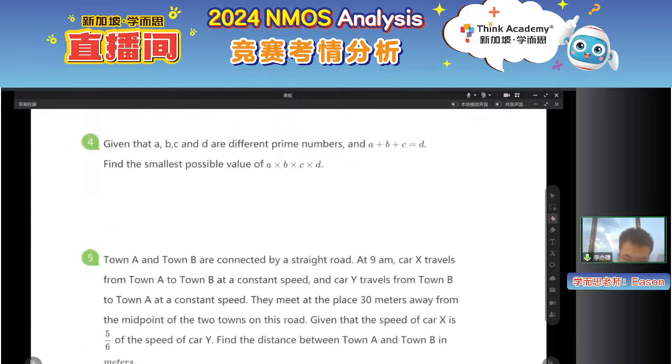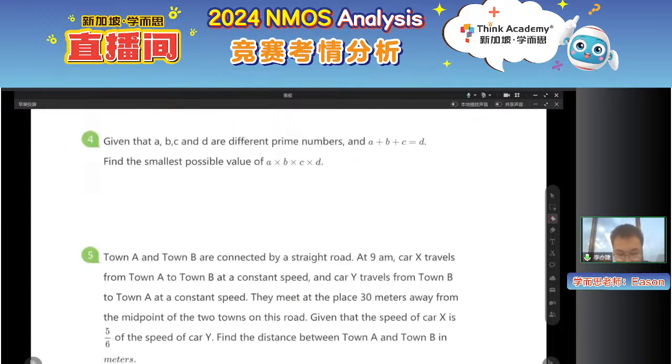Now, question 4. A, B, C, D are different prime numbers. A plus B plus C equals D. Find the smallest possible value of A times B times C times D. When we see prime numbers, we first think about parity, odd and even. Because they want it to be small, can there be a 2? It's not possible, because if we have a 2 for A, then B and C are odd numbers, so D must be an even number.